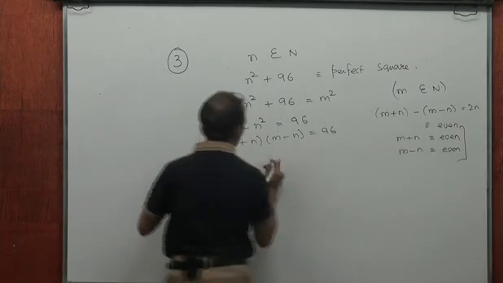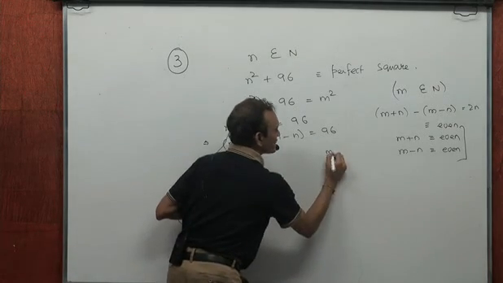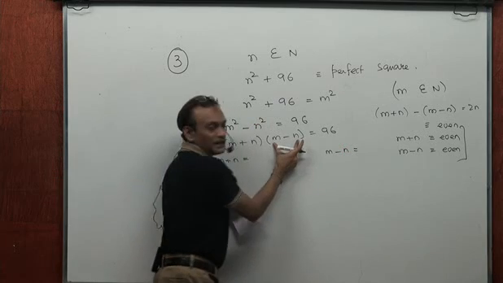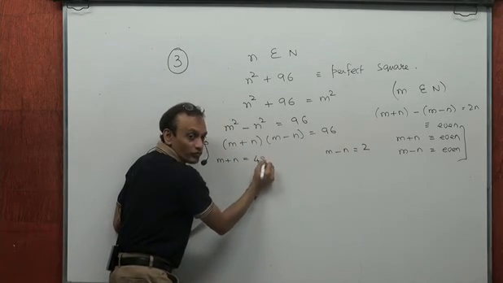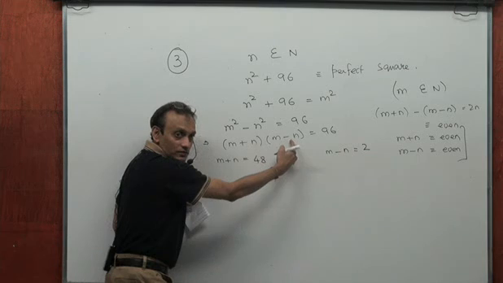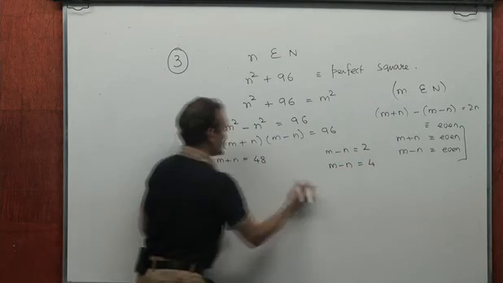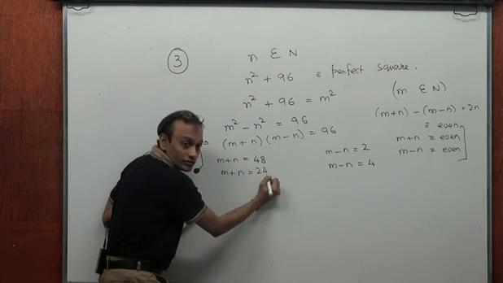So then let's start looking at this. M plus n, m minus n. Say m minus n is 2, then m plus n would be 48. If m minus n is 4, m plus n would be 24.